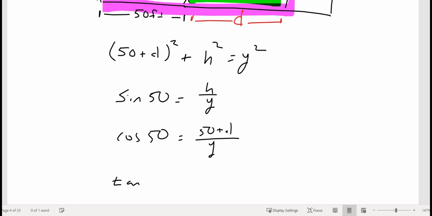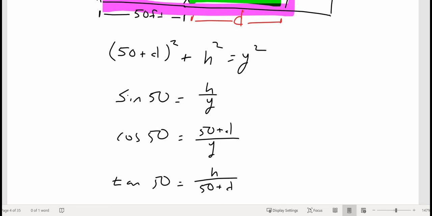And then the tangent of 50 is opposite over adjacent. So I know all of those things about it, right? That doesn't seem to help a whole lot yet.